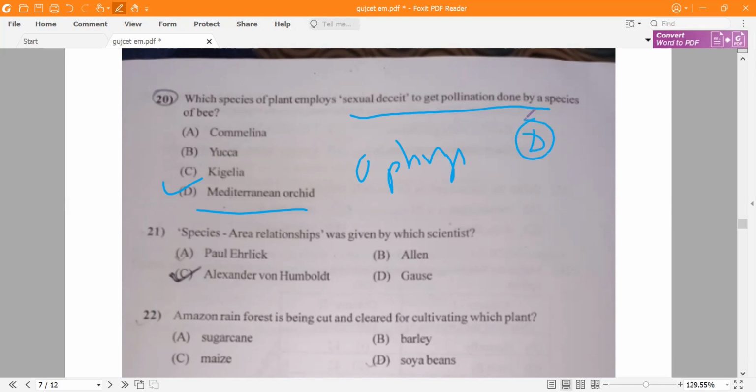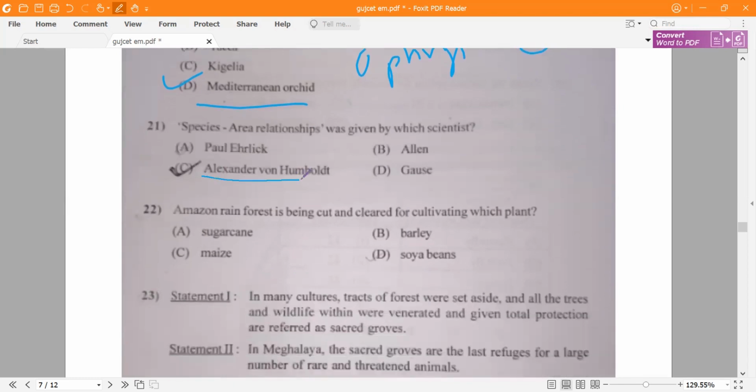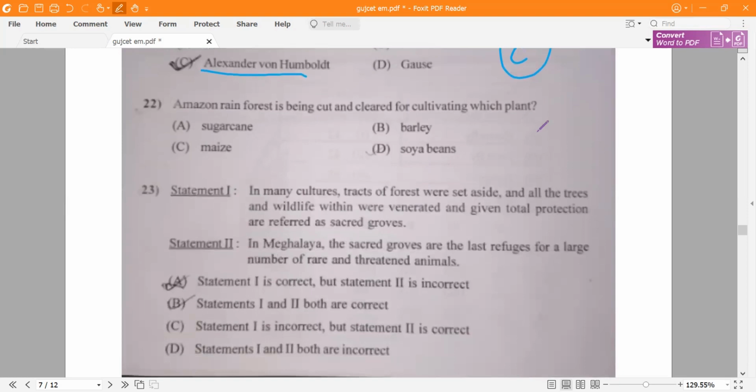Again, ecology chapter, last paragraph. Species-area relationships were given by Alexander von Humboldt. Then they've asked a question from the 15th chapter: the Amazon forests have been cut. What are the reasons for the forest loss?